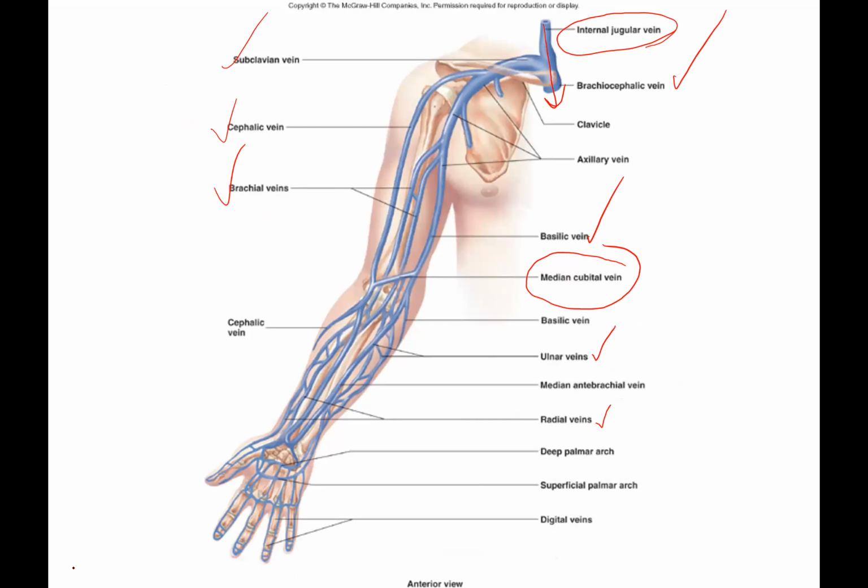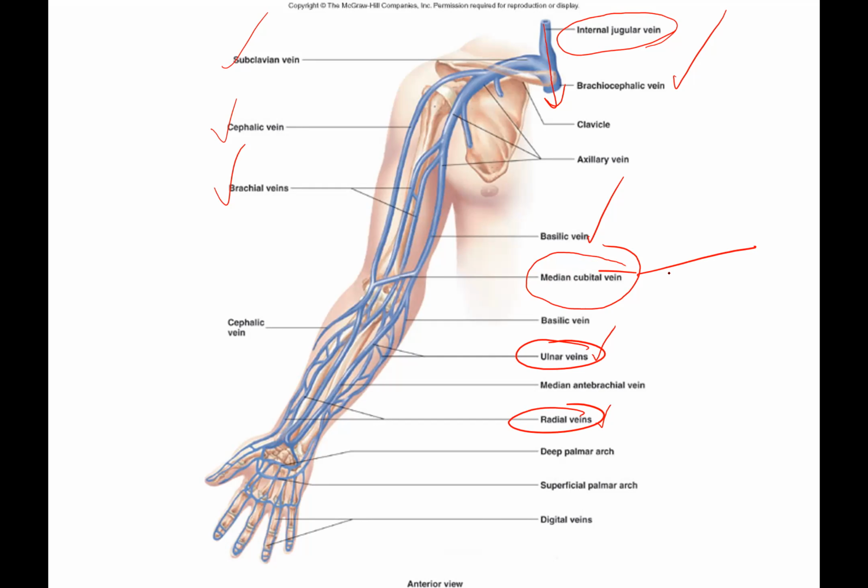Okay, the arm. All right, you have the radial vein, which follows the radial bone, and then the ulnar vein, which will follow the ulnar bone, and then the famous median cubital vein, okay, which is a common site for blood draw.